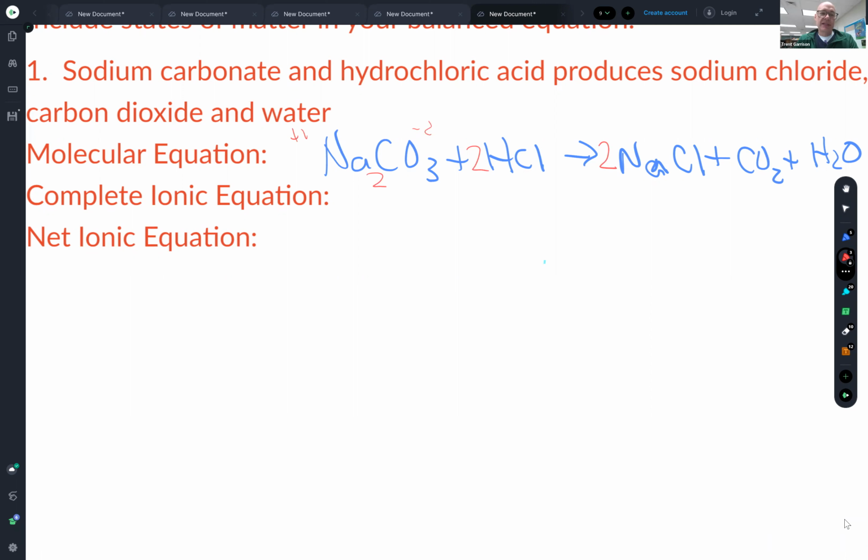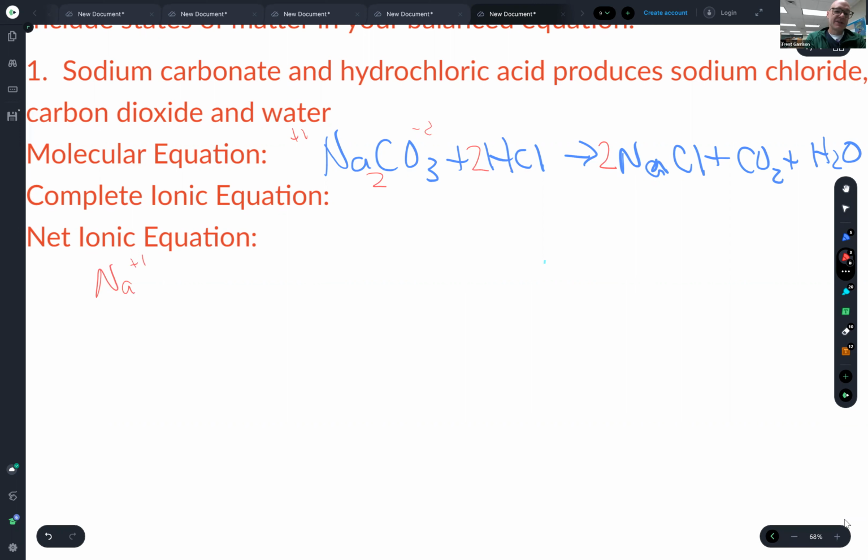Okay, now, complete ionic equation. Here is where it gets a little bit messy. Here's where we have to expand this quite a bit. In the process, we have to write each one of these with their states of matter, and we have to break them up into their ionic compound components.